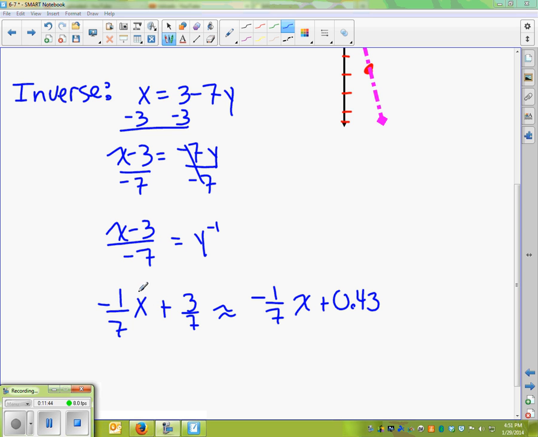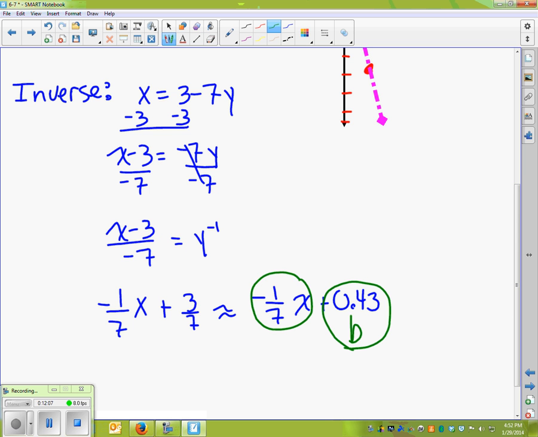That gives me my slope. Two negatives, negative 3 over negative 7, made it positive, and that would be my y-intercept. I then converted them into a decimal because that's easier to graph. So I have a y-intercept of 0.43 and a slope of negative 1 over 7.